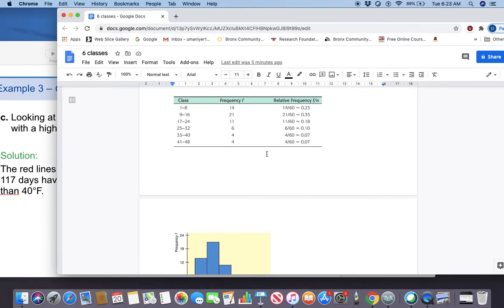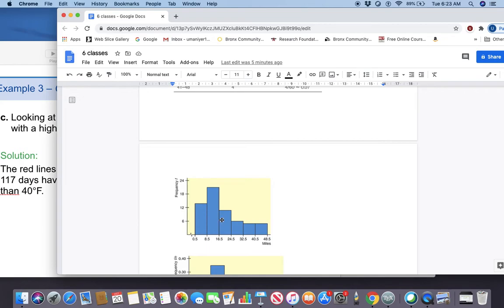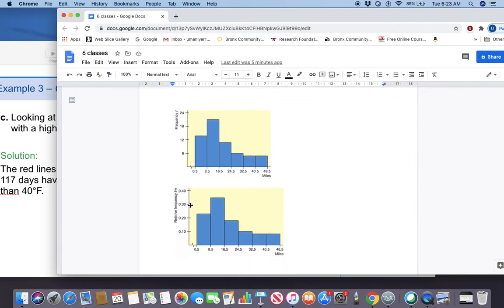For each class, you use the class boundary and the y coordinate is the frequency. So you draw such rectangles. Remember, the rectangles touch each other. That's your frequency diagram. For relative frequency, the y coordinate is relative frequency. Notice the shapes have to be quite similar.